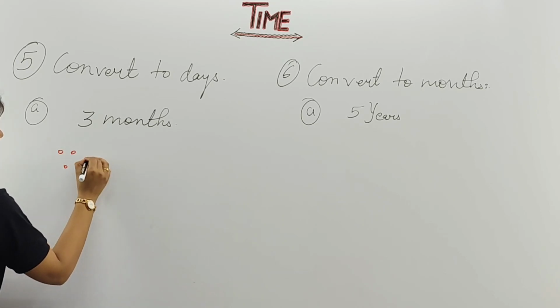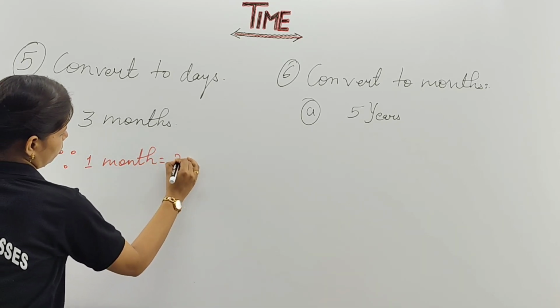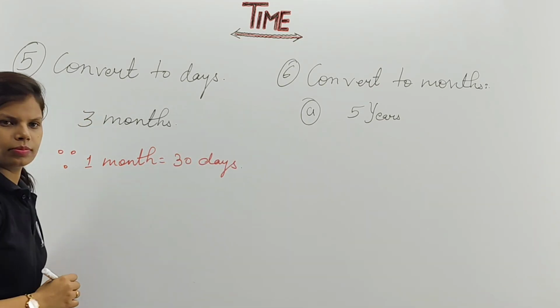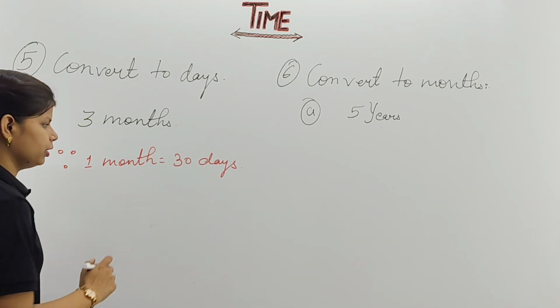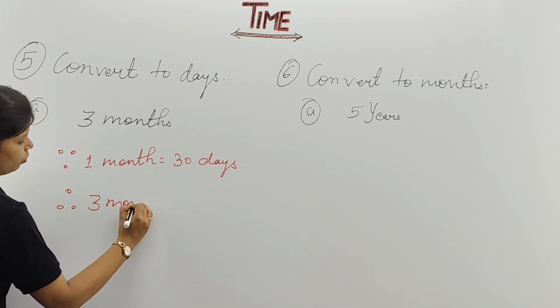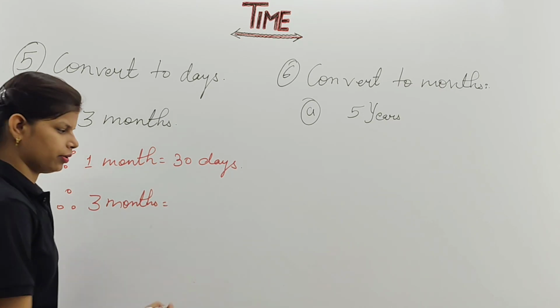since 1 month equal to 30 days. How many days are we having? 30. Therefore, 3 months equal to what?